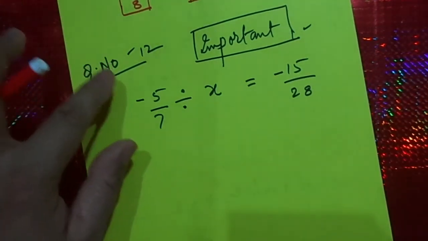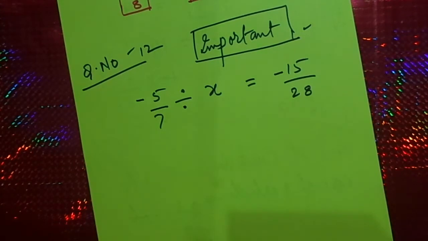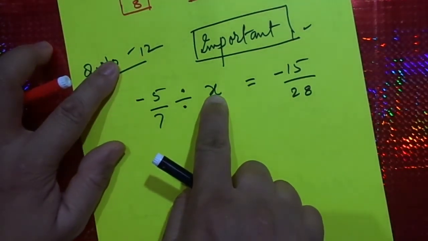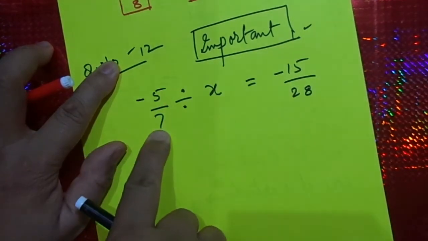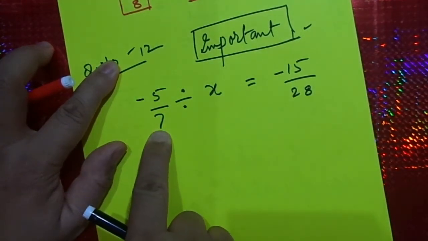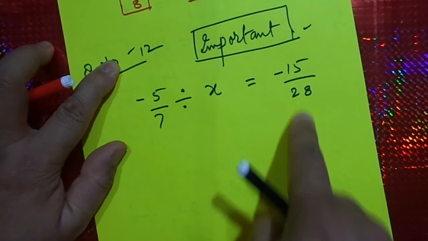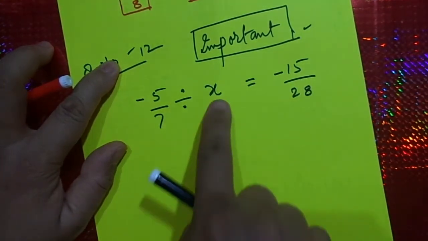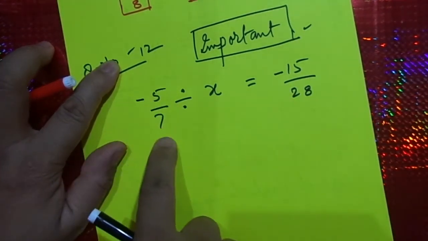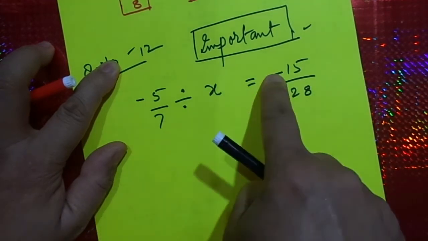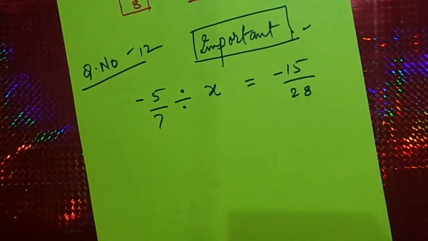They say that a number divides minus 5 by 7 to get the value minus 15 by 28. Find the value of this x.